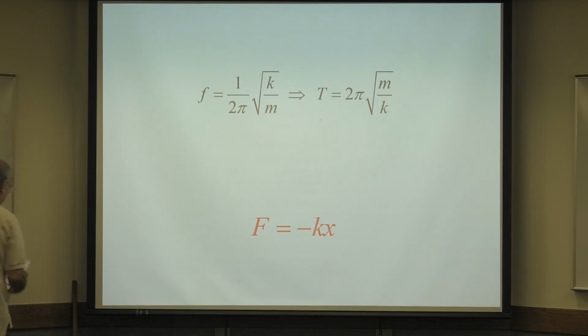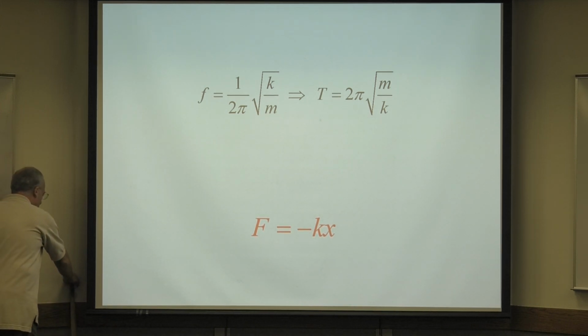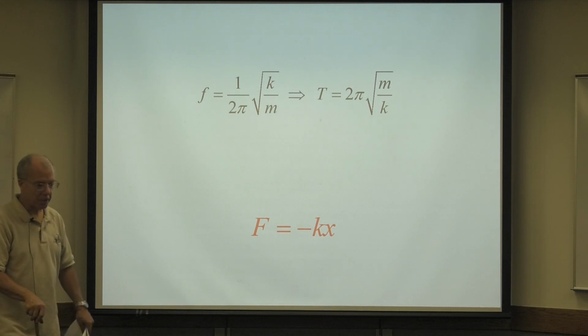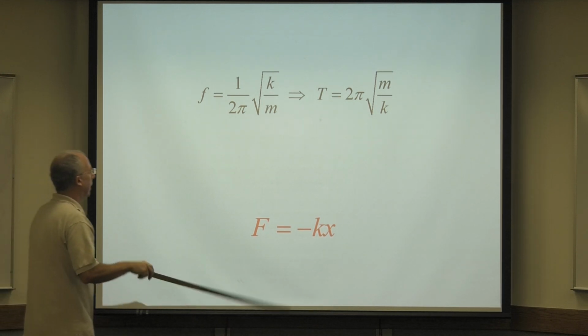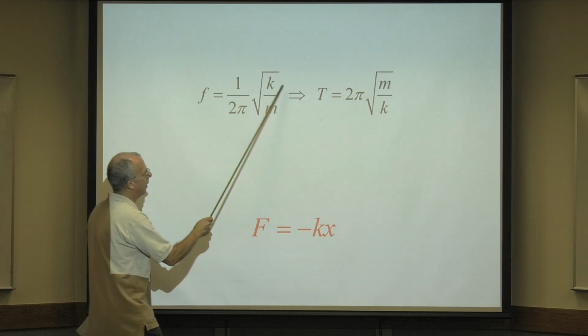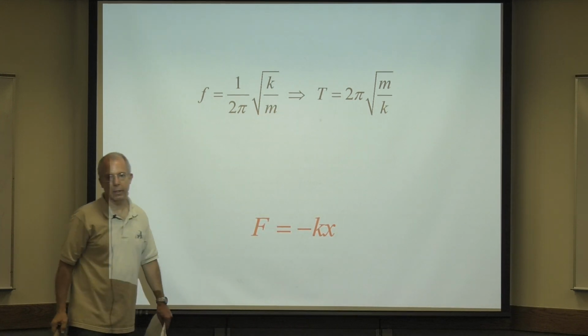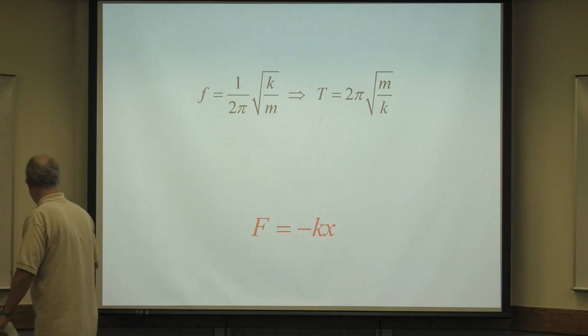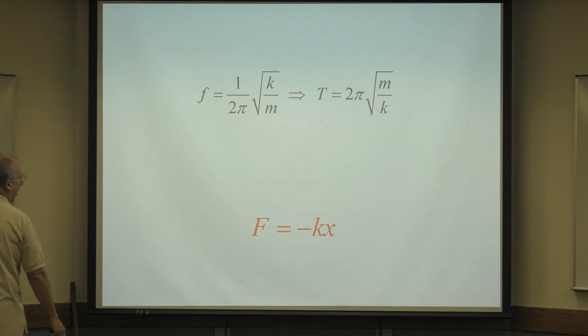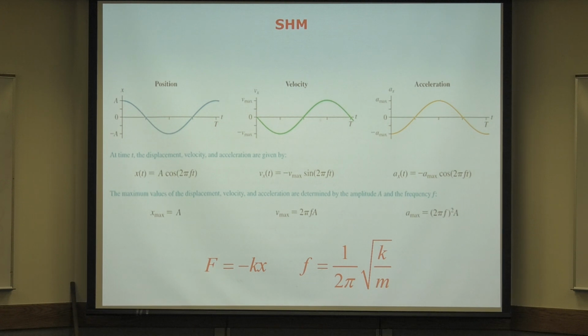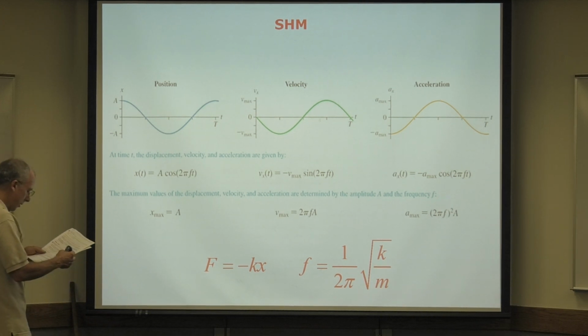I hope you understand that they depend on K, right? So in other words, for any problem with simple harmonic motion, if you know what K is, you know the frequency and you know the period without doing any work. Bingo. So that's kind of awesome, right? And it's not just that.